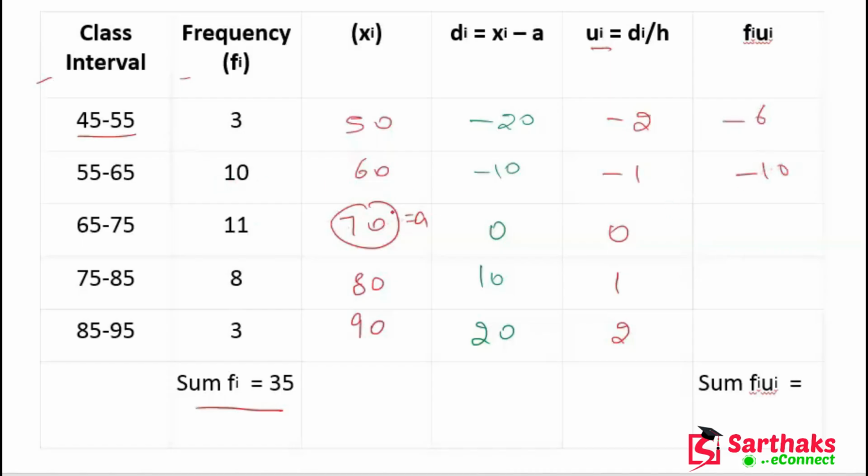And if we multiply f3 into u3, we get 0. Similarly 8 into 1 is 8, and 3 into 2 is 6. So the summation of fiui is minus 2. I hope you understand these things.